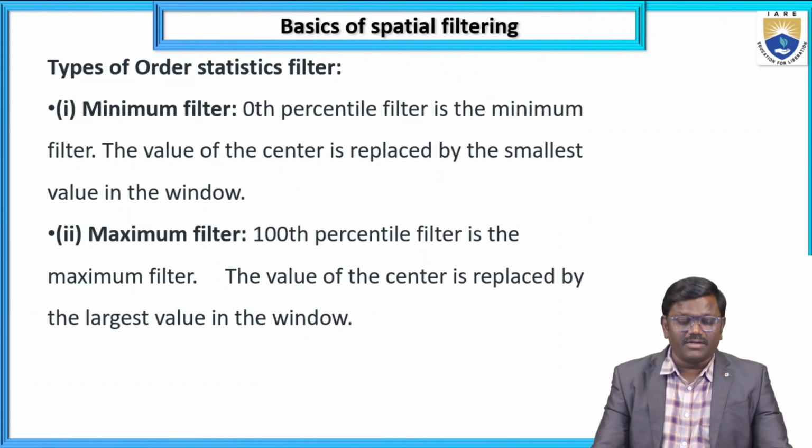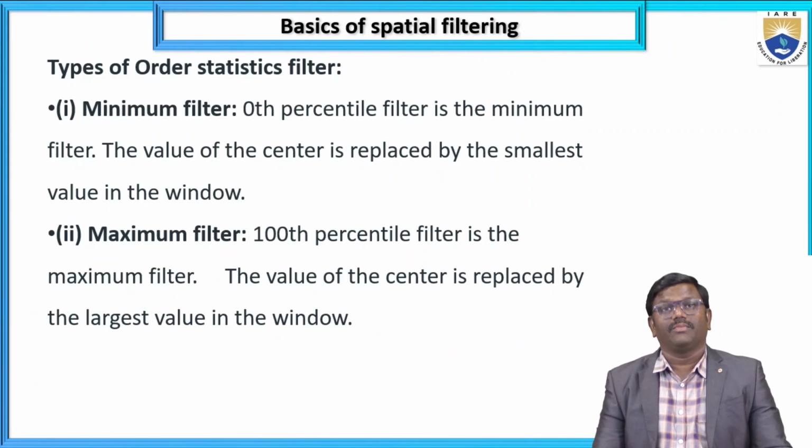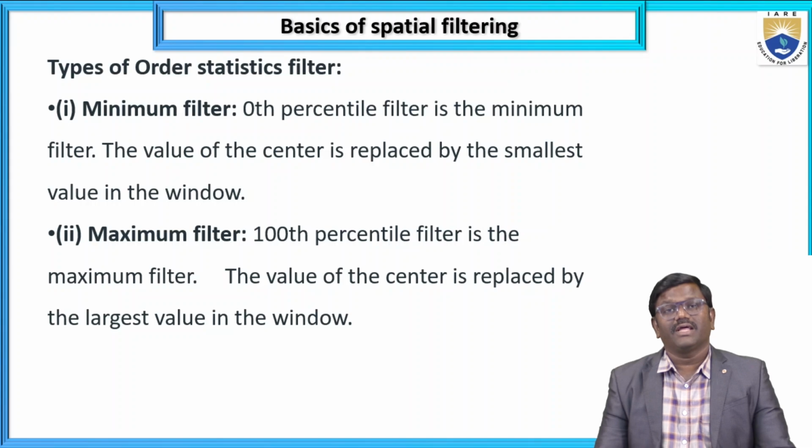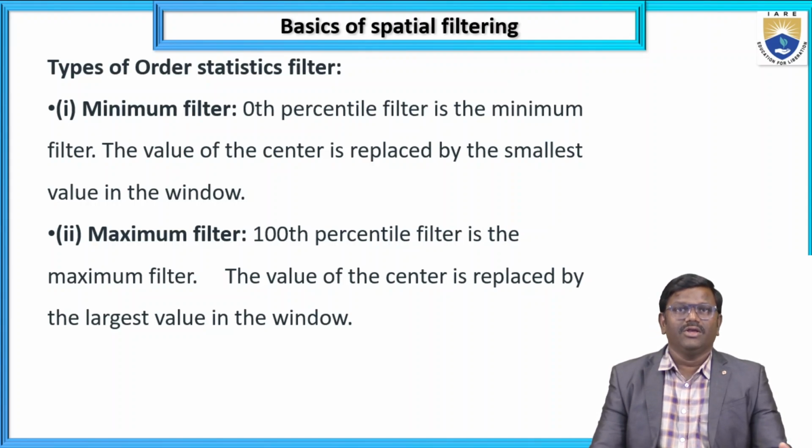The types of order statistic filter we also define into two types: number one, the minimum filter, and number two, the maximum filter. What does the minimum filter mean? The minimum filter is the 0th percentile filter, where the value of the center is replaced by the smallest value in the window.